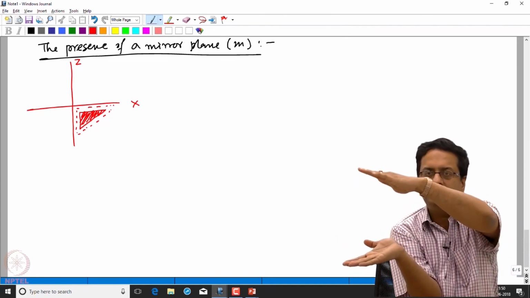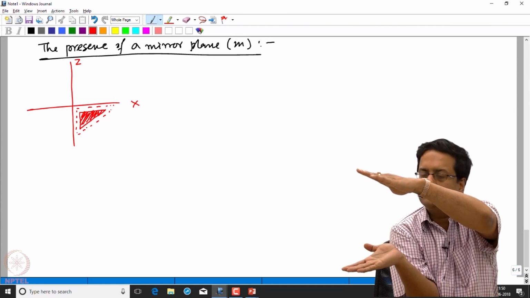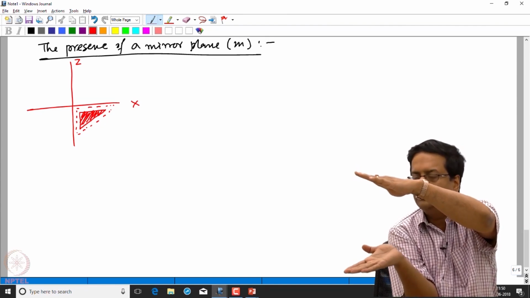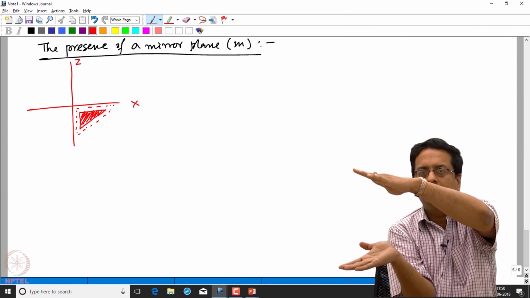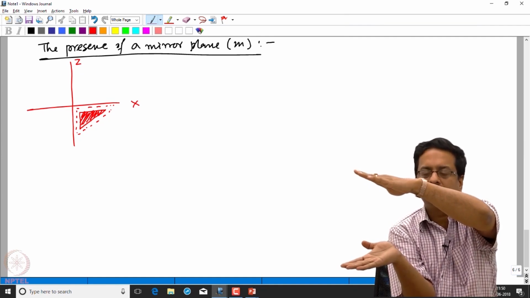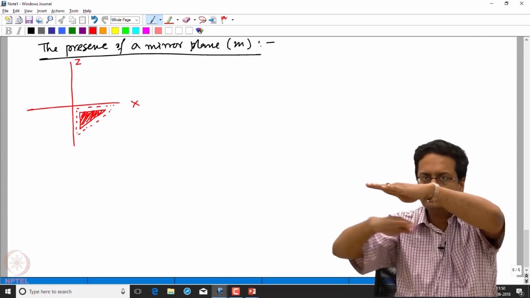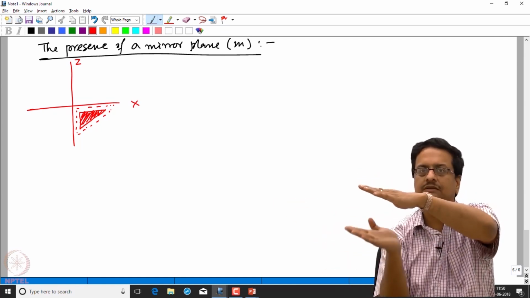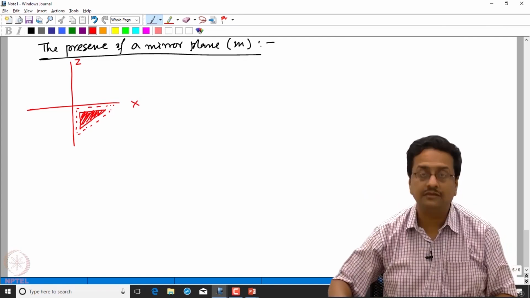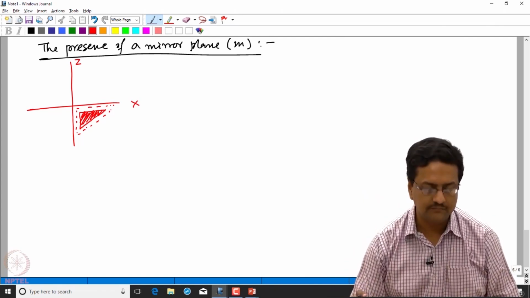This object and its reflection are in this orientation, and the corresponding projection of both this object and the mirror image on this mirror plane gives an impression of a double atom located at the same place.